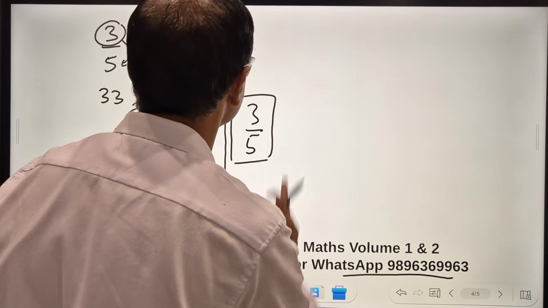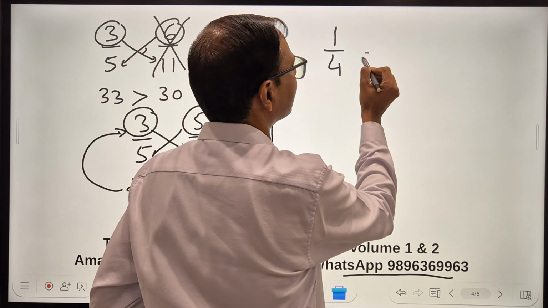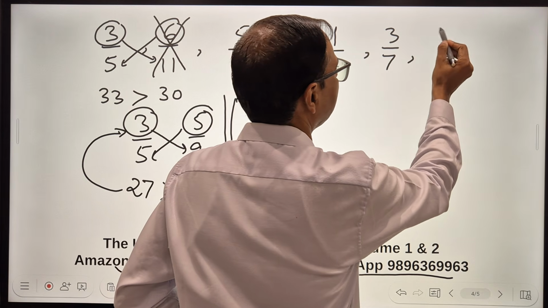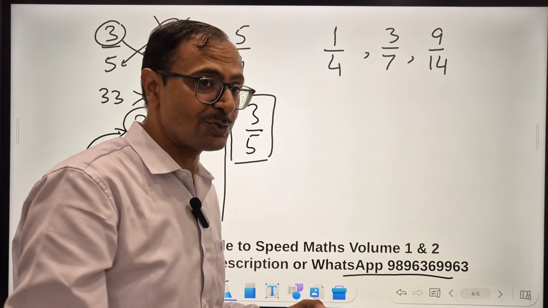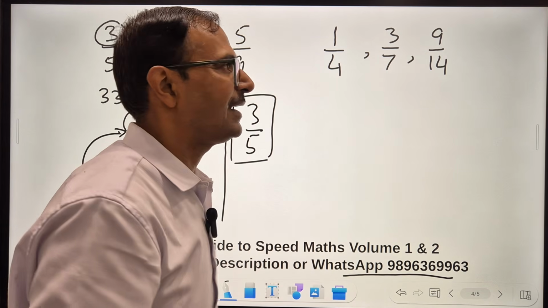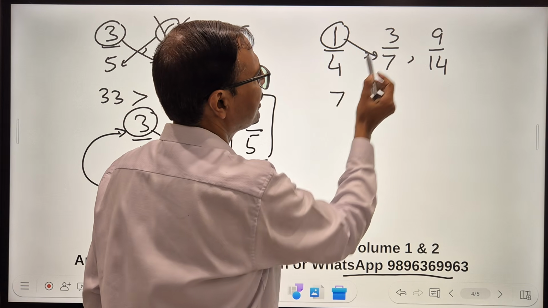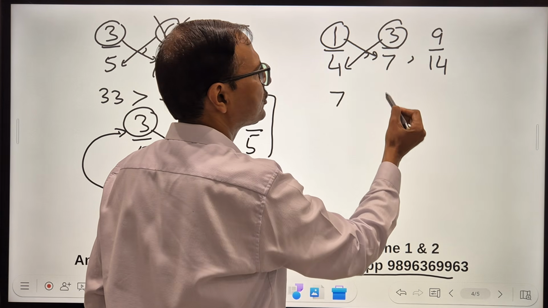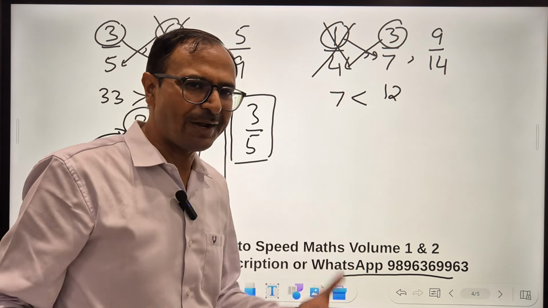So let's do one more question and then we will conclude. How about taking 1/4, 3/7, 9 by 14? And I want to find the largest. I don't know which one is the largest. So let's compare. 1 gives a product of 7, 3 gives a product of 12. 12 is greater, so the smaller one is gone.